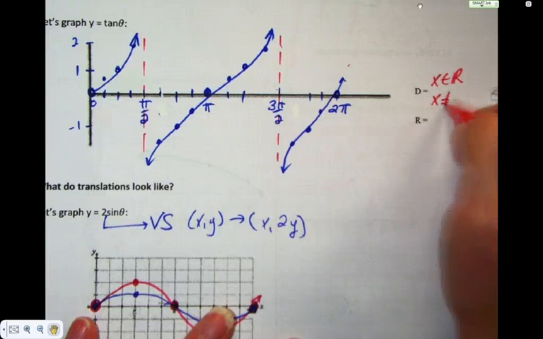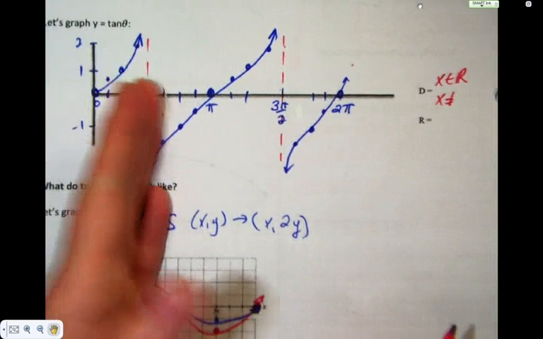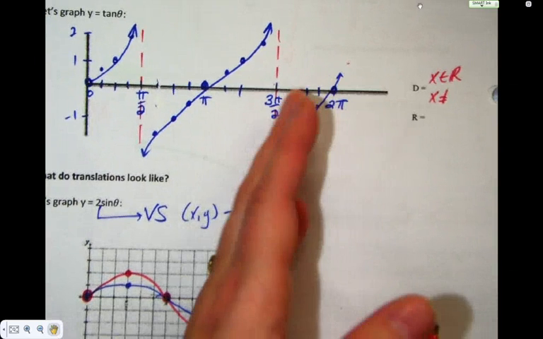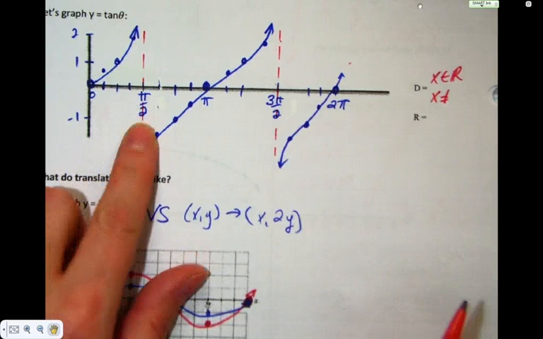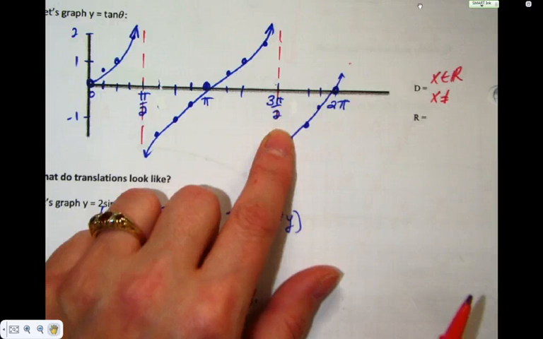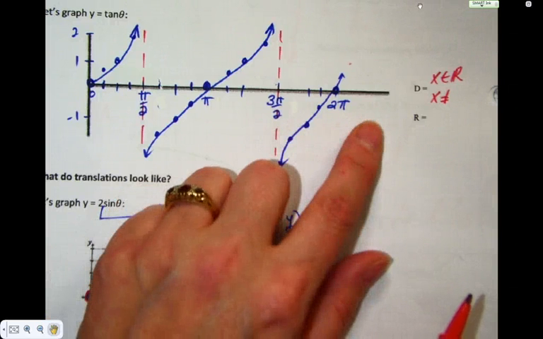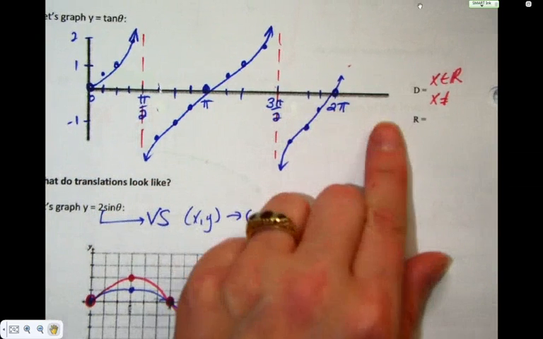But x cannot be pi on 2 and 3 pi on 2. And where would the next asymptote be if we kept going? So this is pi on 2 and 3 pi on 2. What would the next one be? So pi on 2, 3 pi on 2, 5 pi on 2.